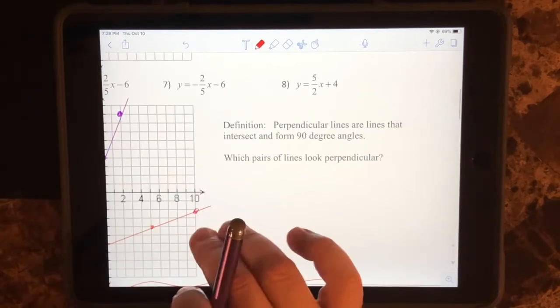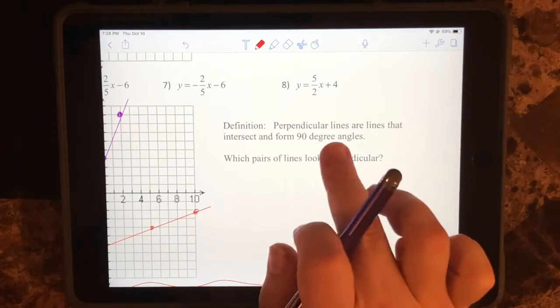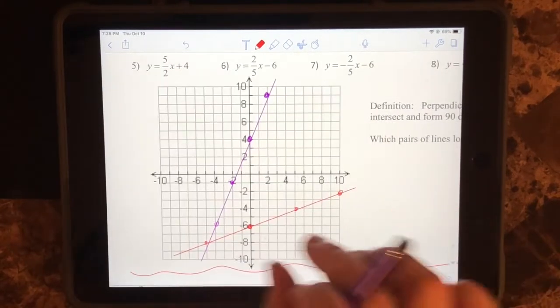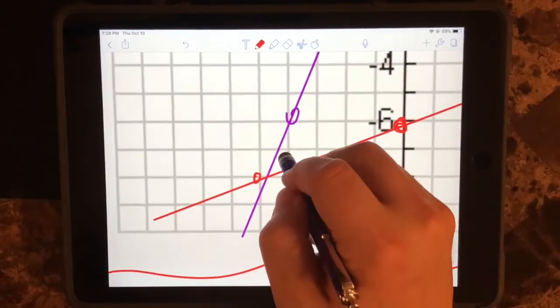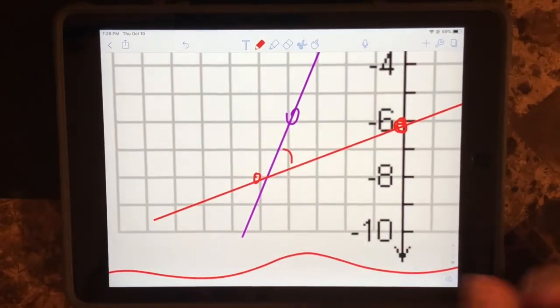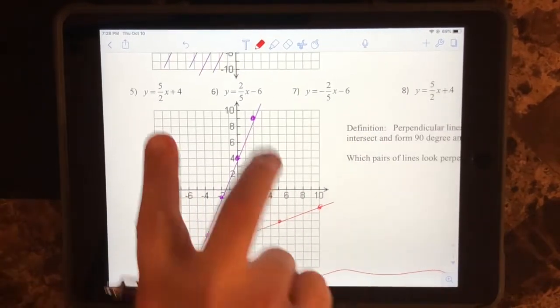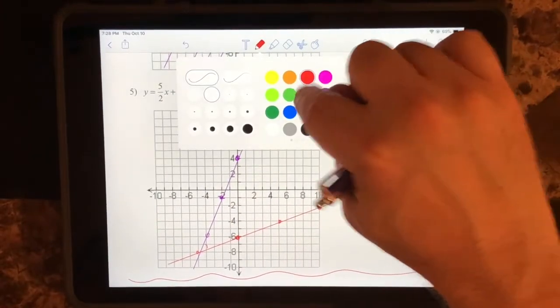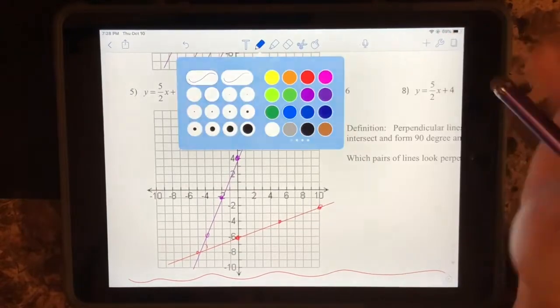And there's a new word we're going to talk about, perpendicular. Perpendicular lines are lines that intersect and form a 90-degree angle. This angle here is not 90 degrees, so these two are not perpendicular. Let's try the next one. Already used purple, let's try blue.